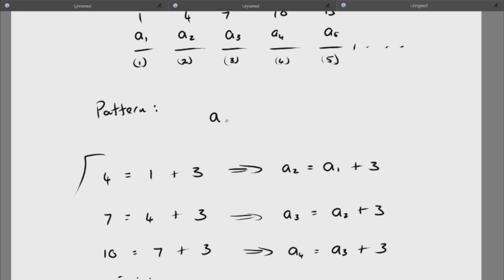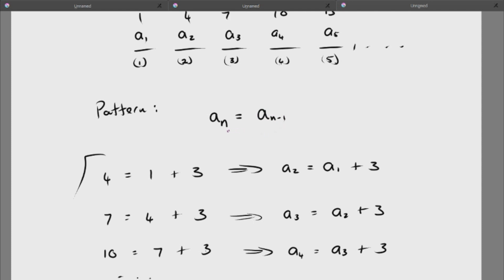So in general, to get the term in position n, could be any position, I still do the same kind of thing. What do I use? The previous term. What is the name of the previous term? Yes. Would it be A n minus 1? N minus 1.